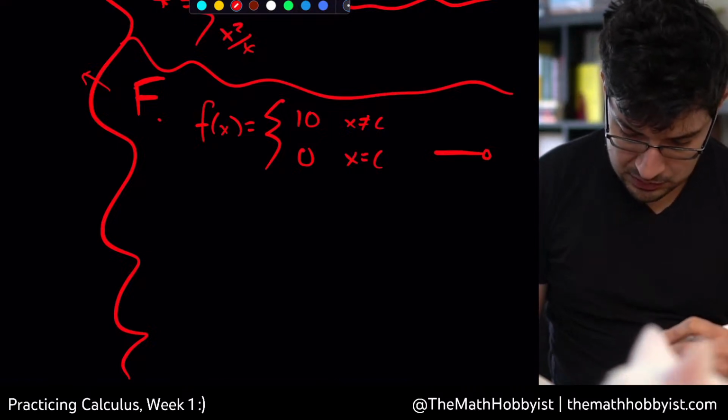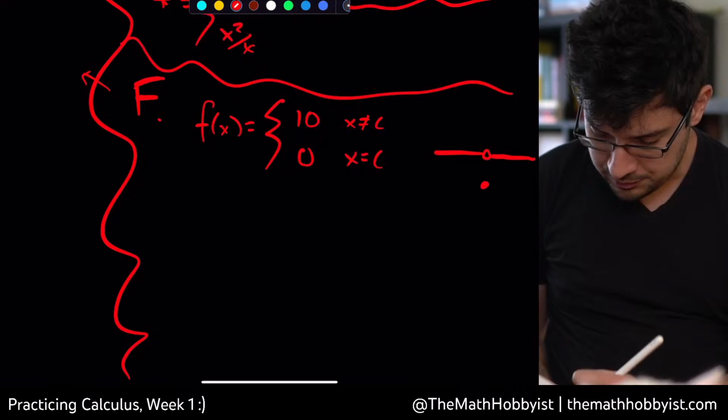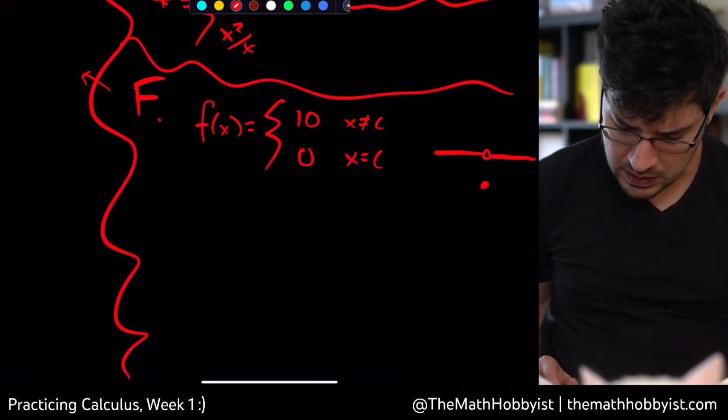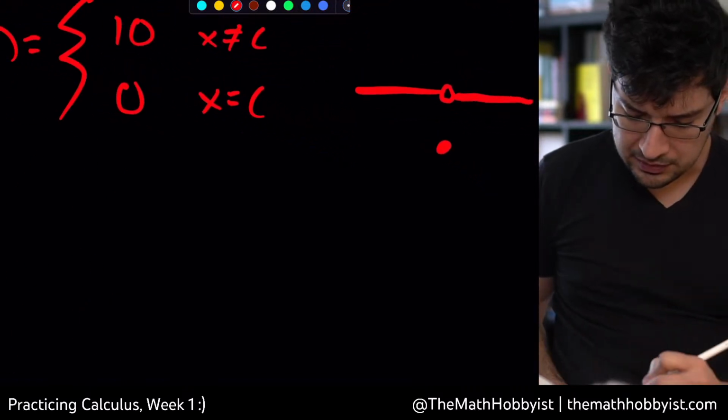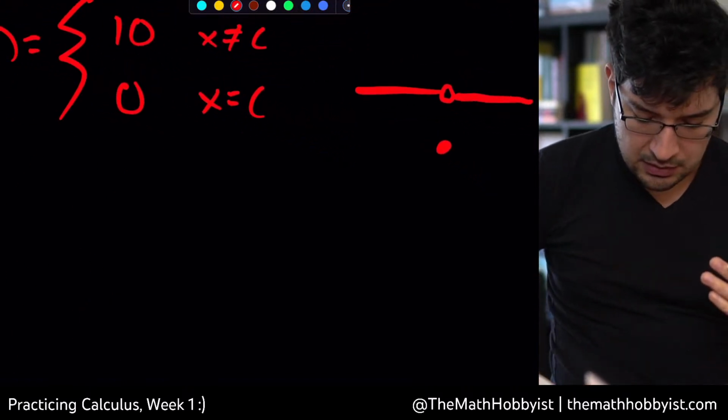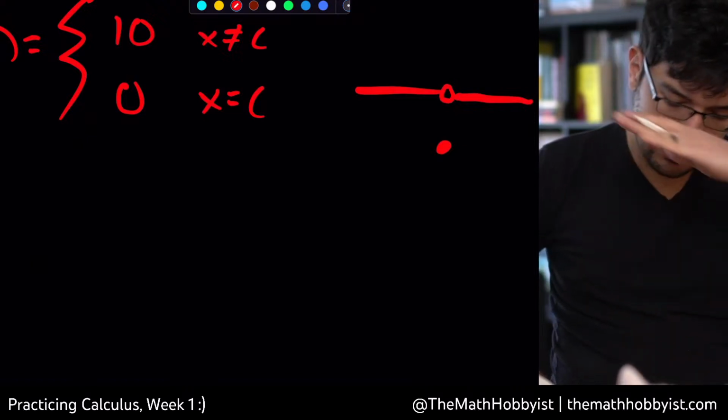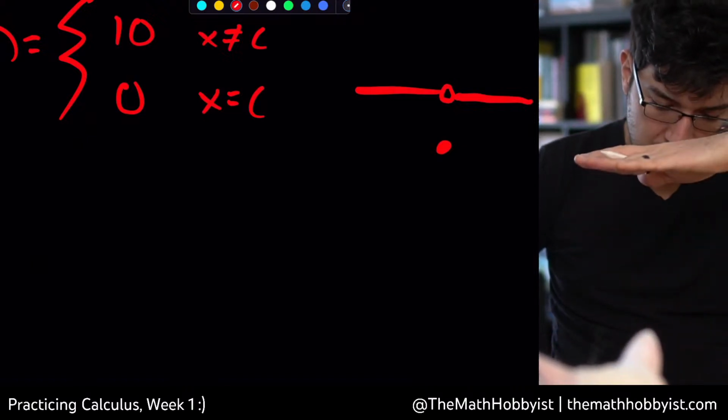Oh, I got that backwards, didn't I? So the value is 0 at this point c, but then the function is the horizontal line f of x equals 10 everywhere else.